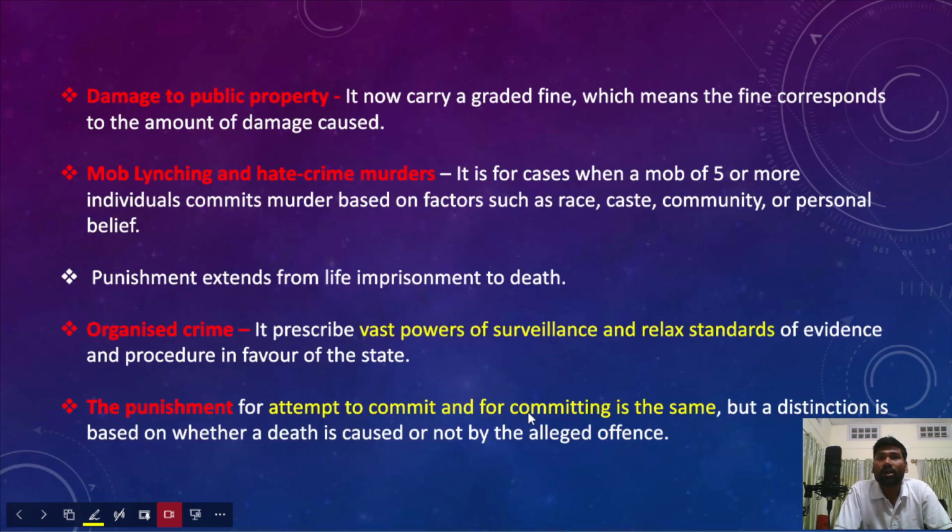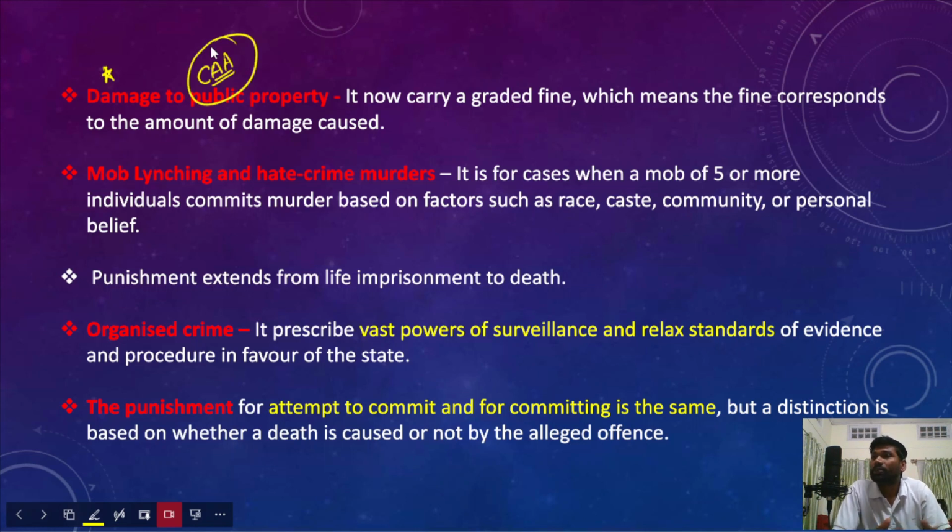After that, damage to public property. For example, if you look at the CAA protests, the Citizenship Amendment Act protests in UP, there was damage to public property, and accordingly the government had charged individuals with damage to public property.